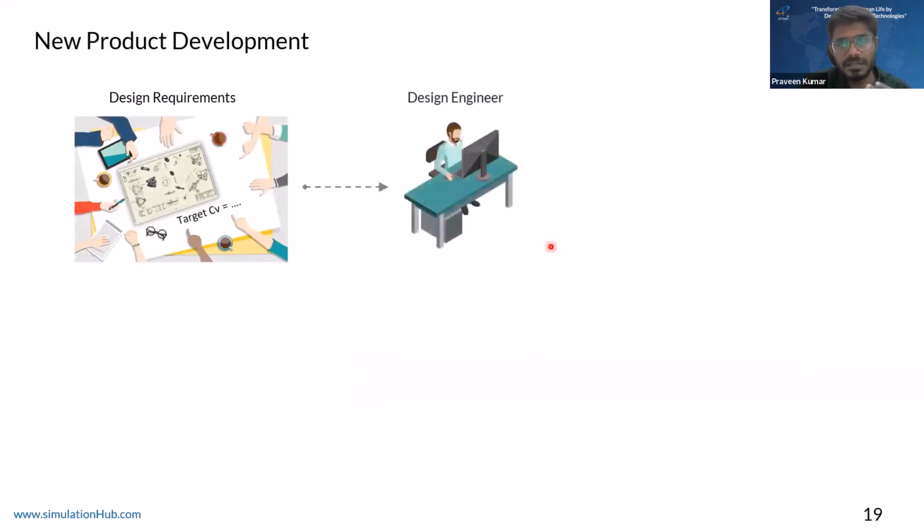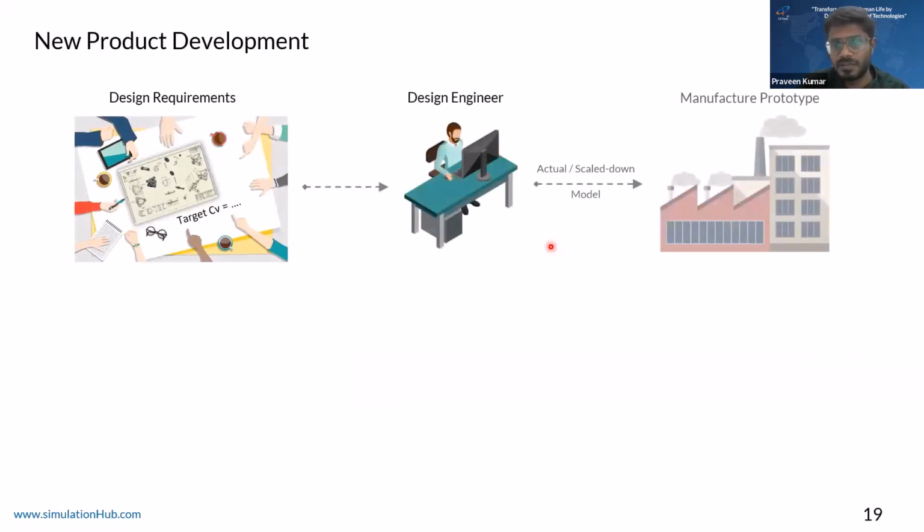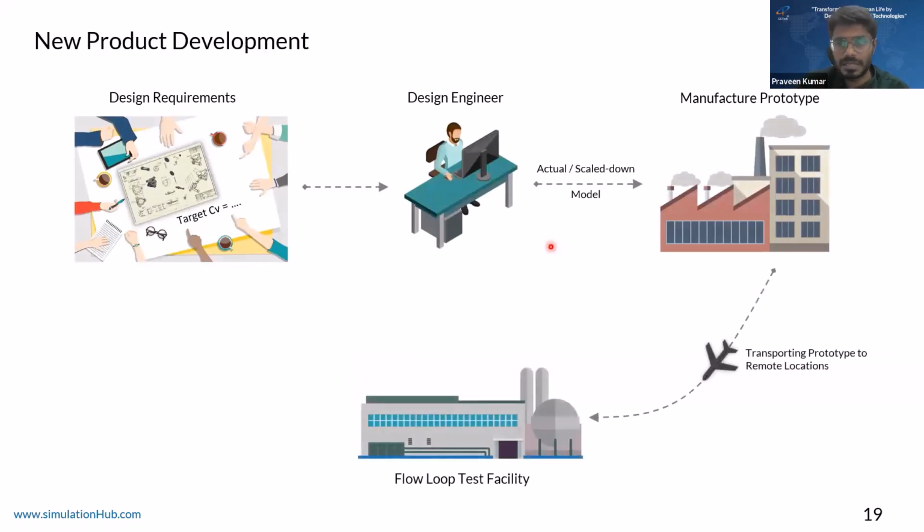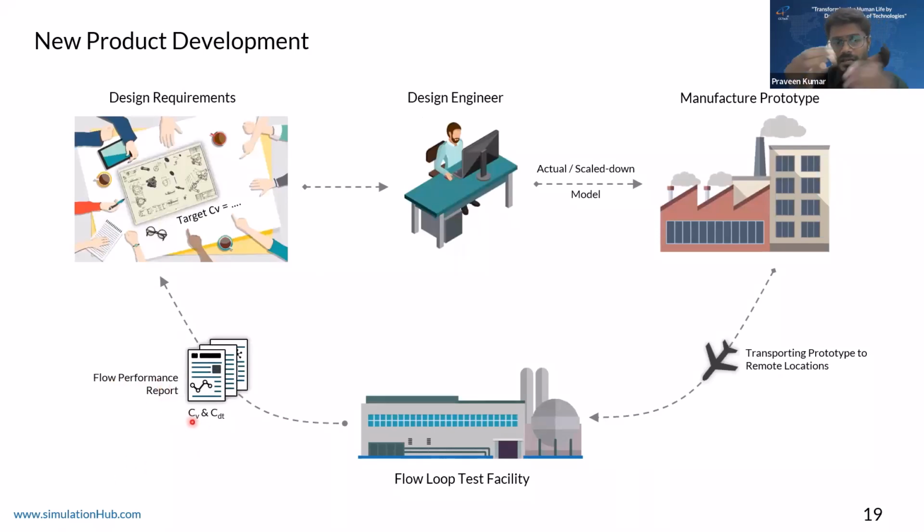So the designer designs a valve, sends it for manufacturing a prototype, and transports that prototype to a remote location, somewhere else in the country or state, where the flow loop test facility is available. They perform the flow loop test and provide you with a CV and CDT flow performance report. This report has the CV and CDT values.